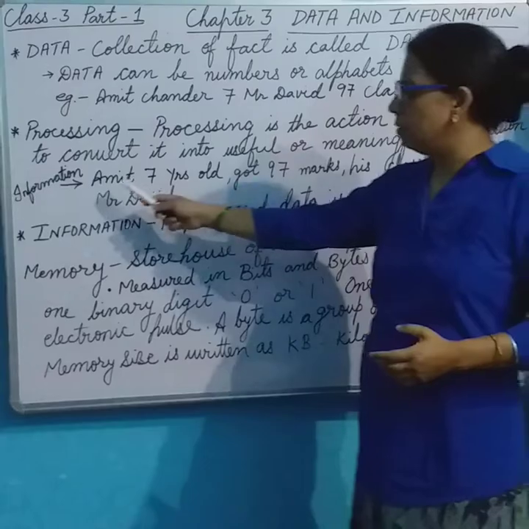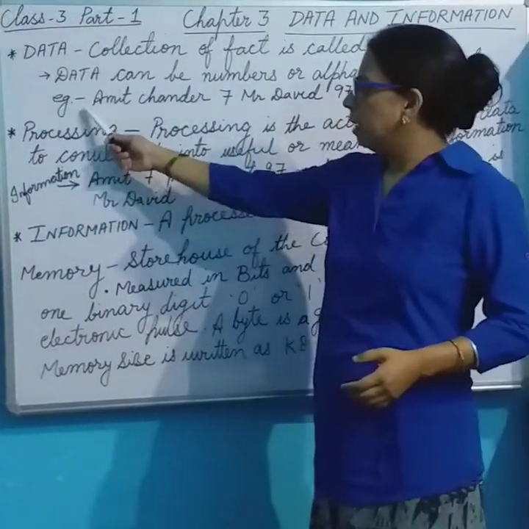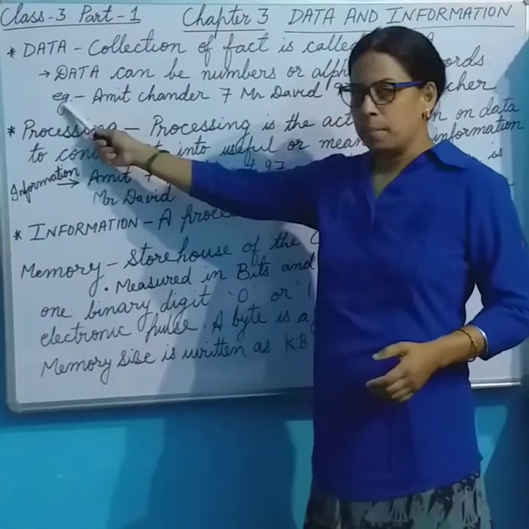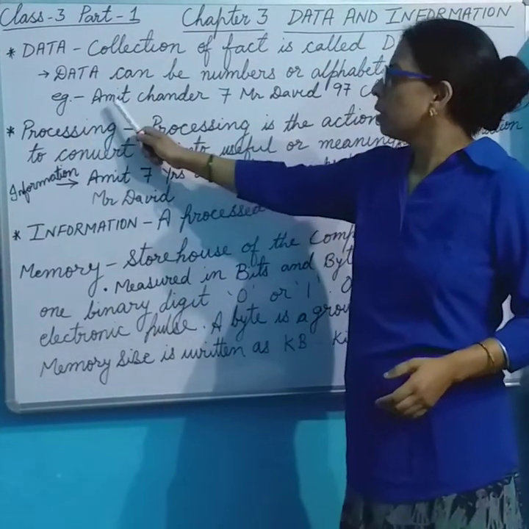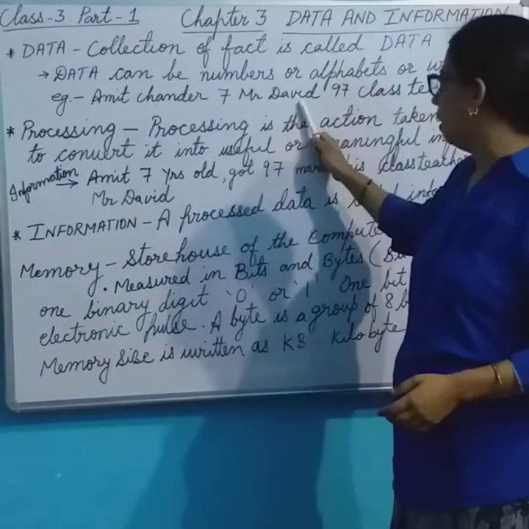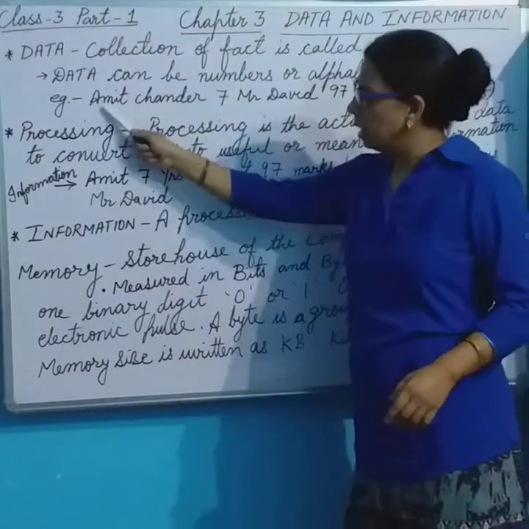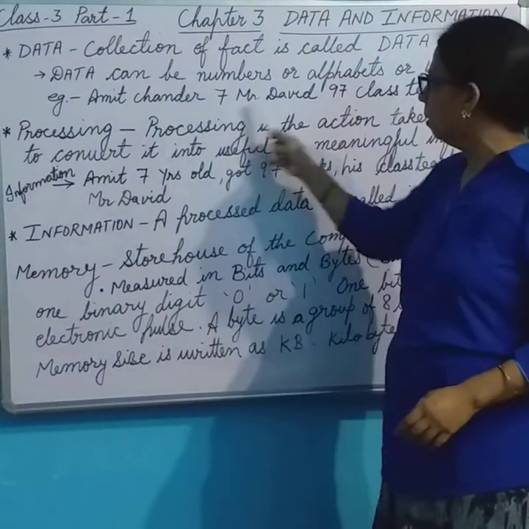Now here you can see one example is given on the board. Here data is taken. See this example, this will make it more clear. Amit Chandar 7, Mr. David 97, class teacher. Can you understand anything with these words and numbers?